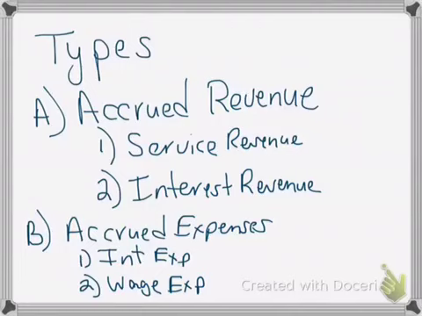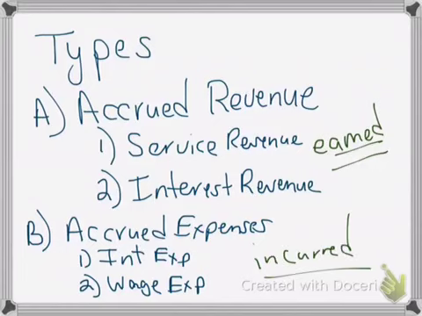This is where we have earned service revenue or we have earned interest revenue, but it has not been recorded in our books yet. And then for the accrued expenses, we have incurred these expenses, but we have not paid for them yet.